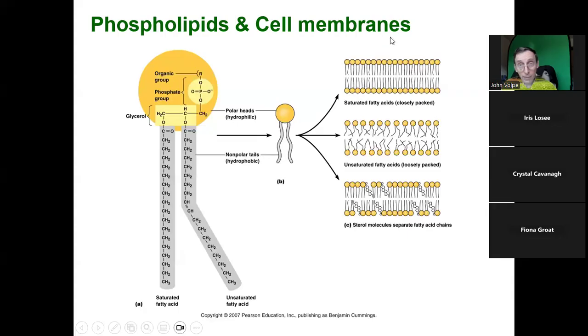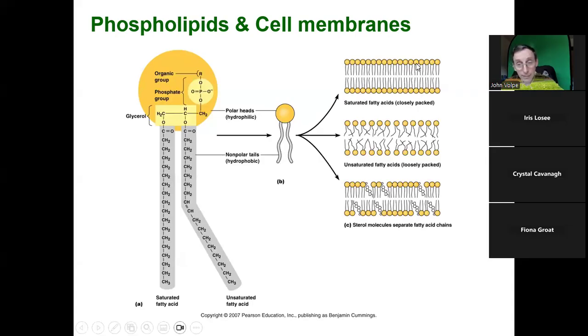And then there'll be water on the outside here, where this head will be next to. And this actually is the main molecule of our cell membrane, which is a lipid bilayer, mainly containing phospholipid to make the bilayer of our cell membrane.